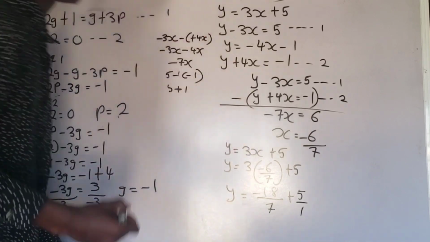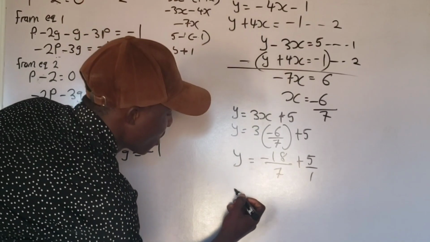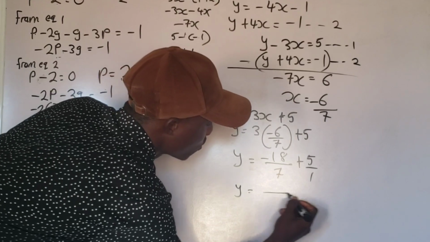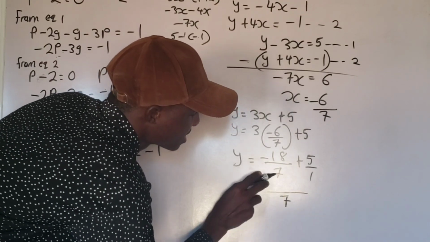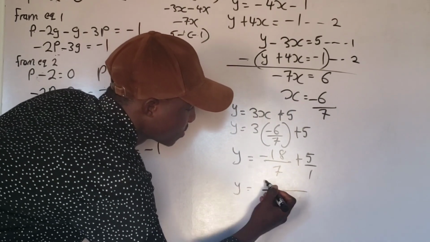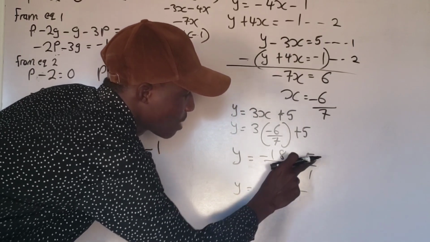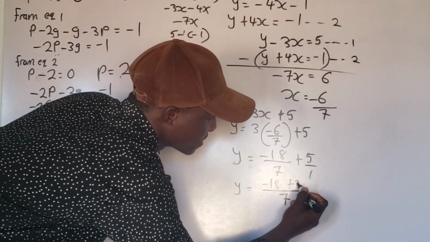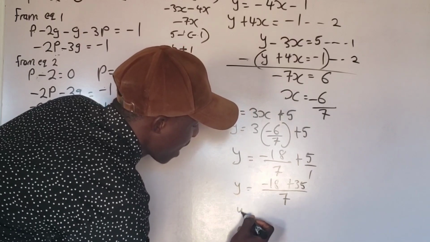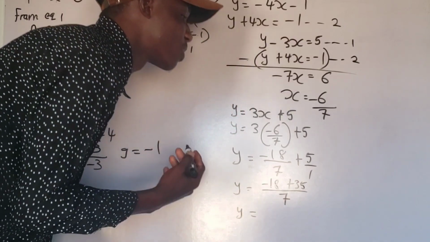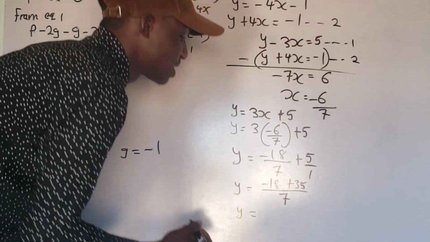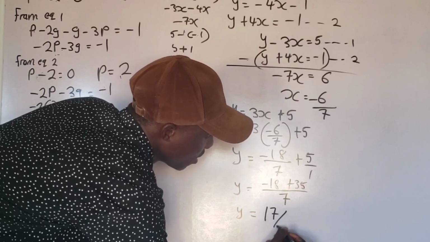Now let us take the LCM. The LCM is 7. 7 divided by 7 is 1, 1 times negative 18 gives negative 18. 7 divided by 1 is 7, 7 times 5 is 35, positive 35. So y equals negative 18 plus 35, that is 17, so I'm going to have 17 over 7.